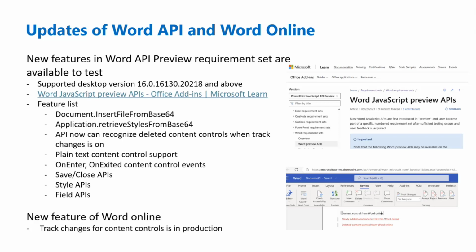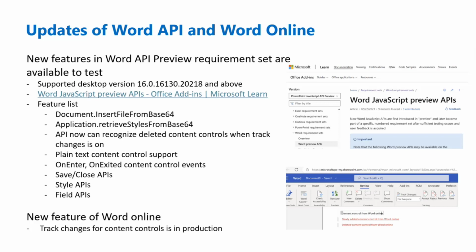We support a plain text content control API, starting from the desktop version, and later we will have an update for Word Online as well. On enter and on exit content control events are two newly added events that give you more control over content control events.